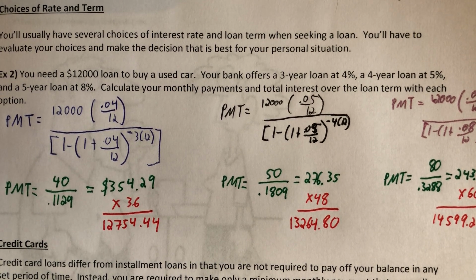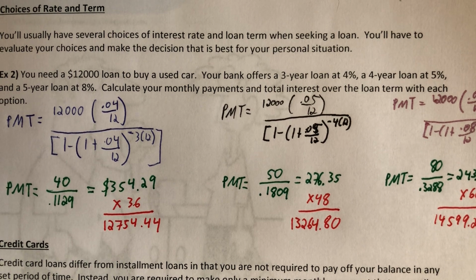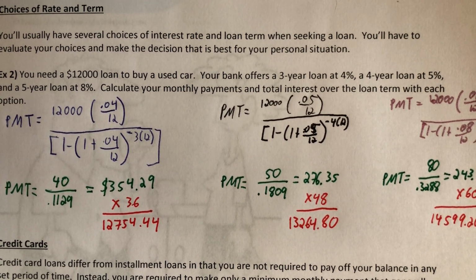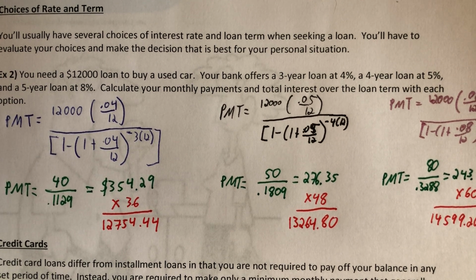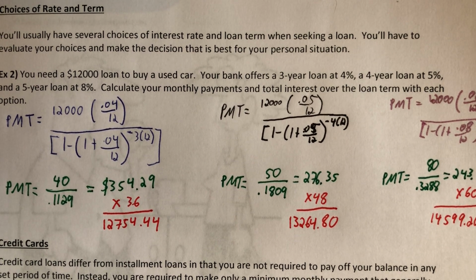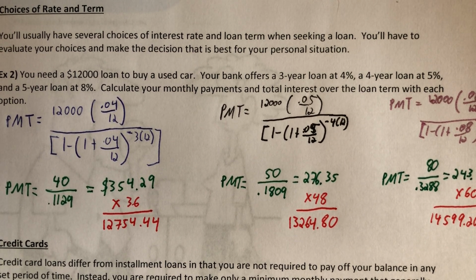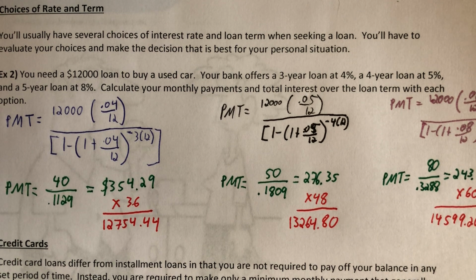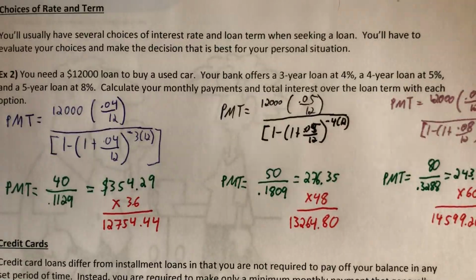So it's a nicer, lower payment. However, when we times it by 60, we're going to get $14,599.20. So while we are saving $33 a month or so over the 4-year loan, we've now gone up to almost $600. So that's almost $2,600 in interest that we would be paying.